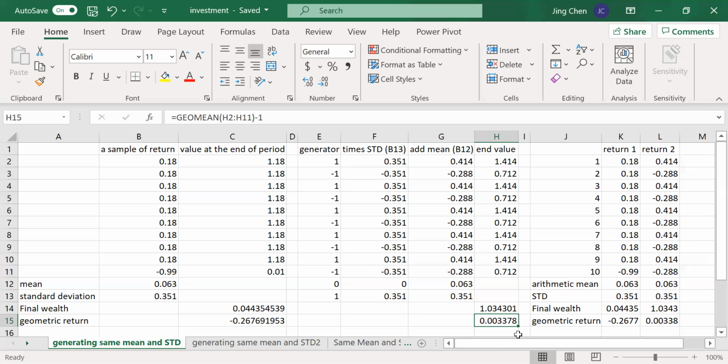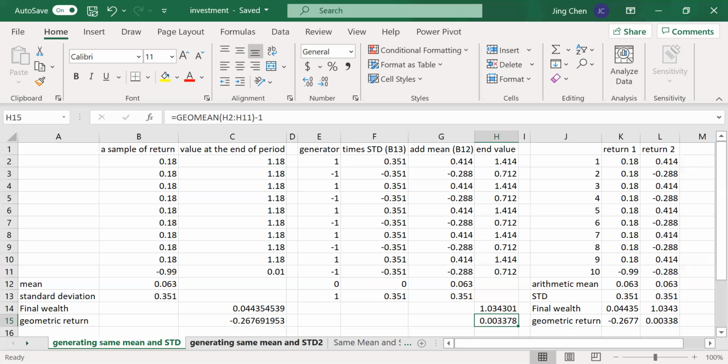That's the advantage of this geometric return. And here you see that the second series is quite special. So now we do one where the second one is arbitrary.